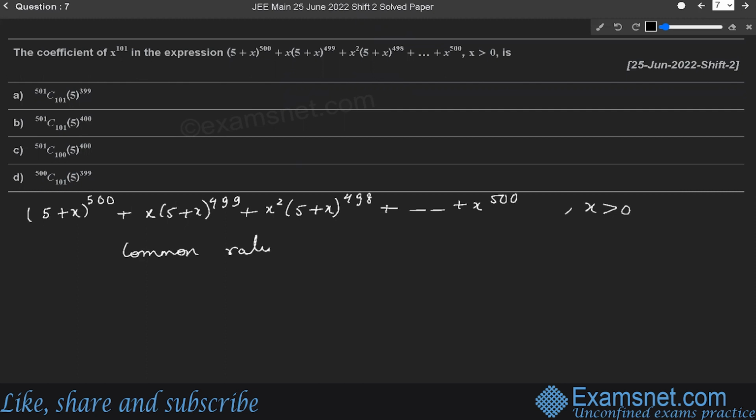will be equal to x into (5 plus x) power 499 divided by (5 plus x) power 500. So it will be equal to x upon 5 plus x. And we know that total 501 terms are present. So we can say that n is equal to 501.